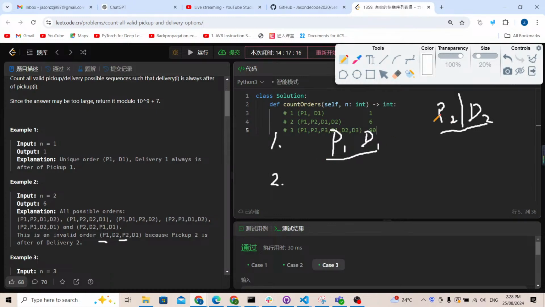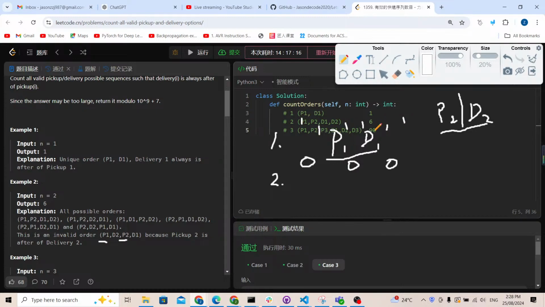First of all, we put P2 and D2 together. This is one position, in the middle there's another position, and after that there's another position. How many positions? 1, 2, 3. Now we separate P2 and D2: this is one position, this is another, and this is the third position.